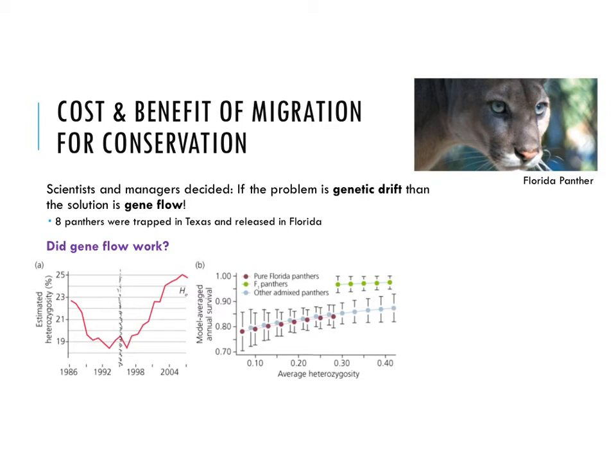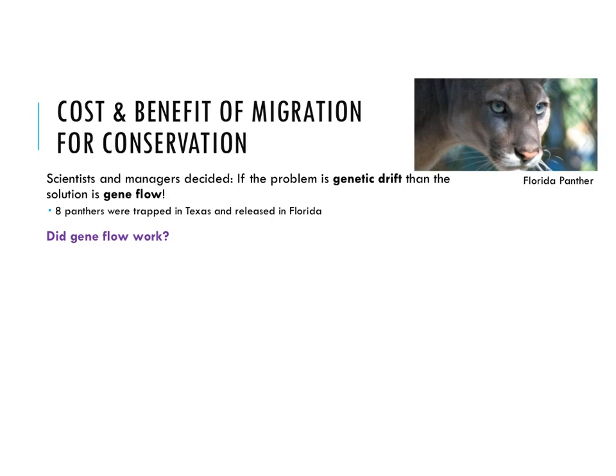So I hope that was a little bit challenging, because the point is that it's complicated and that none of those answers were wrong. They were all right depending on what perspective you took on what happened. So let's go through this. Did gene flow work?